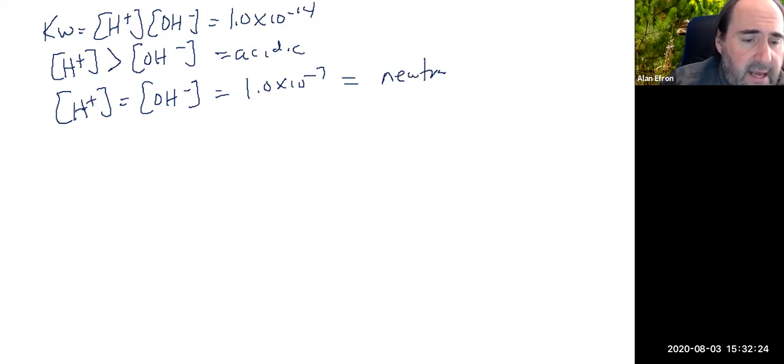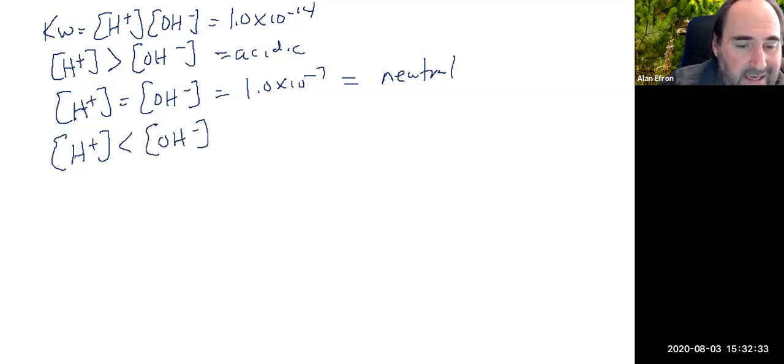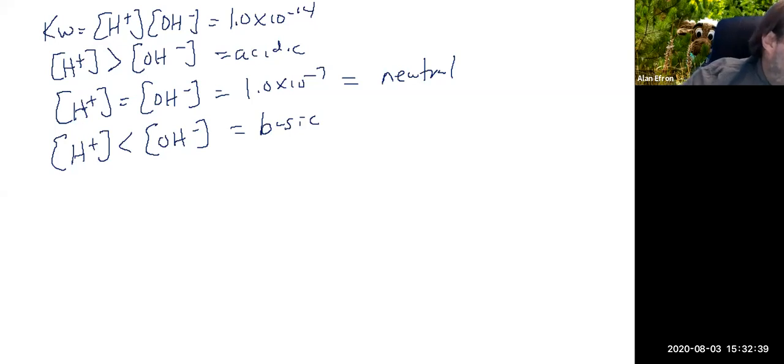And if the H plus concentration is less than the OH minus concentration, then it is going to be basic. So we could do this to calculate the H plus concentration and the OH minus concentration. It really is the same calculation regardless of which one you're doing.